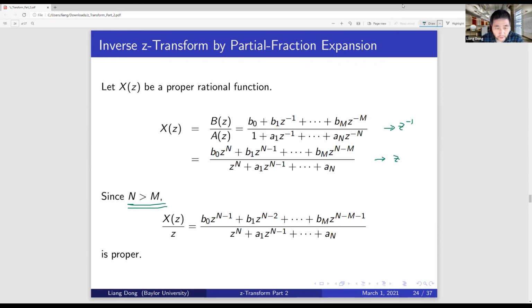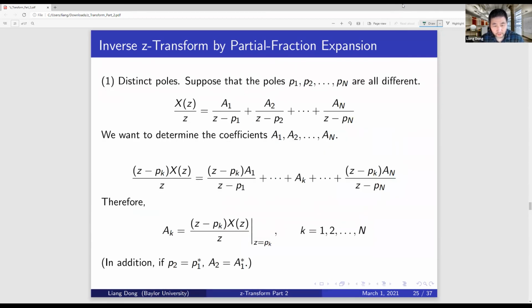What we do is divide both left and right by z. Then on the right-hand side we end up with this rational form, and this is also proper, because the order of the denominator is n and the order of the numerator is n minus 1, strictly less than the order of the denominator. Therefore, it's proper.